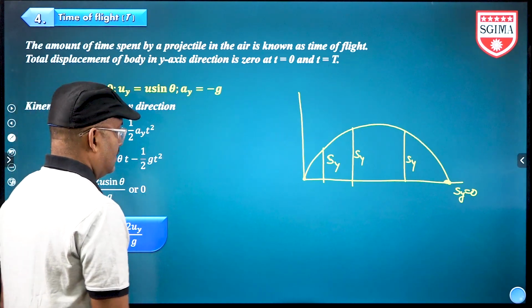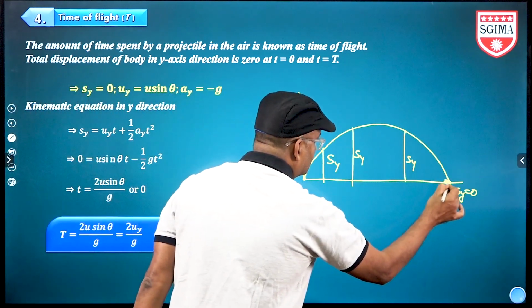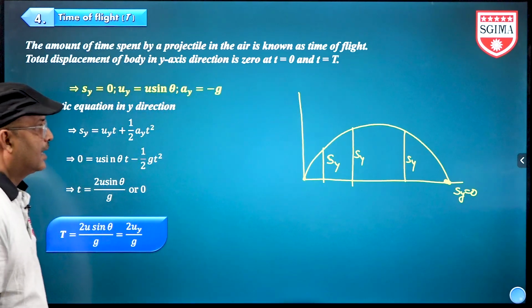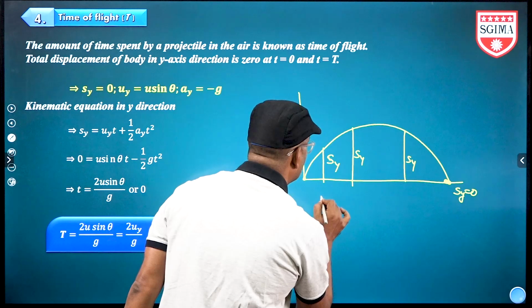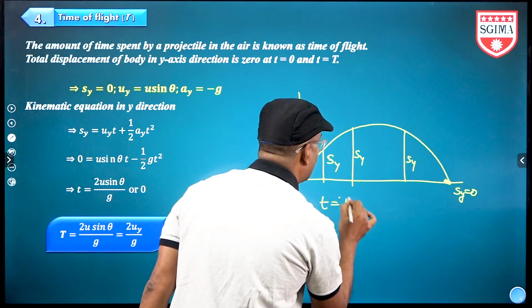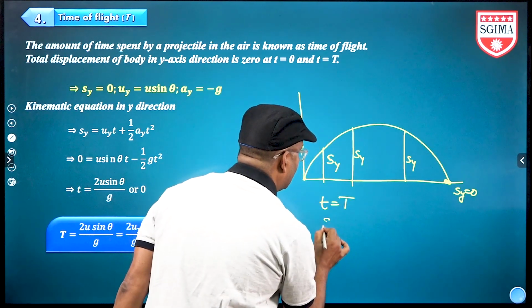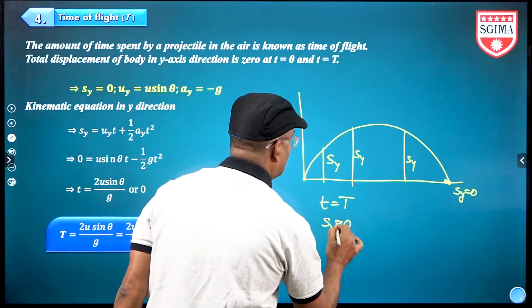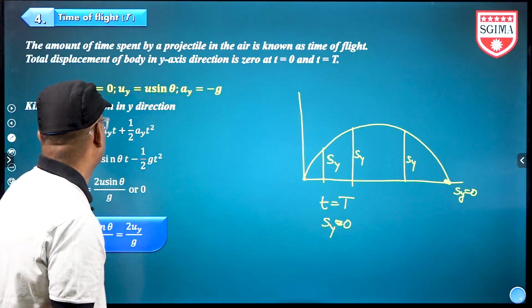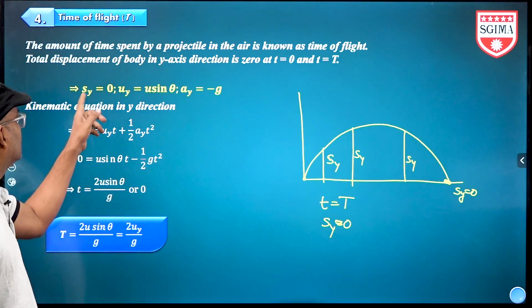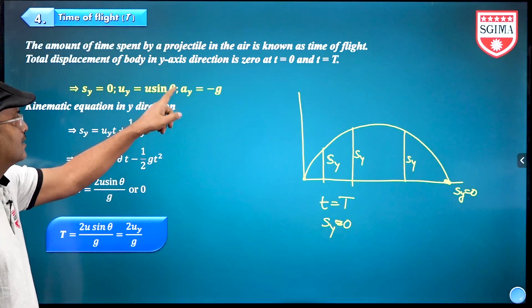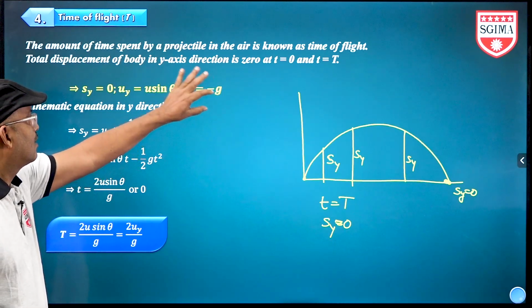So, Sy is 0. We know that at t equal to time of flight, Sy is 0. So, I am using the formula with Sy is 0, Uy is equal to u sin theta, Ay is equal to minus g.